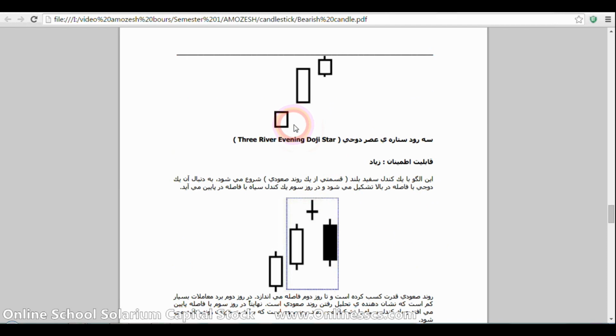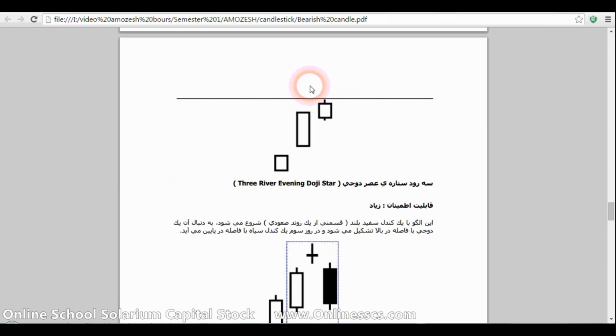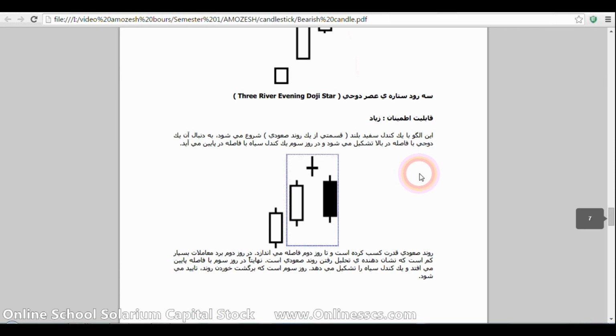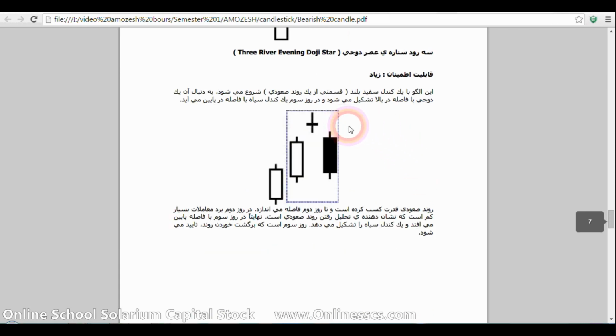In these notes, I have written by the books. The three Sanpei, we call them other things as well. The three evening doji star. Look, when is it going to be a star?